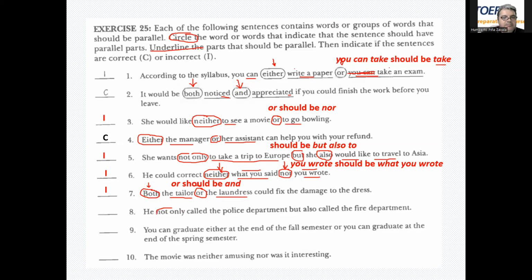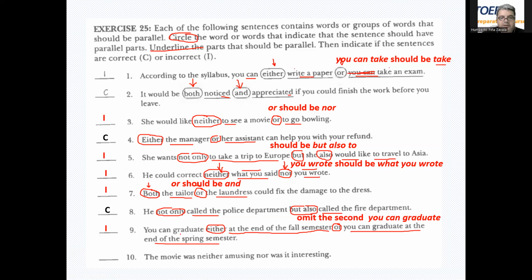He not only called the police department, but also, very good, called. Okay, we've got not only, but also, verbs in the past tense, it's parallel, no problem. You can graduate either at the end of the fall semester, or you can graduate at the end of the spring semester. Here we have a problem. You see, it's at the end, so it's not parallel.